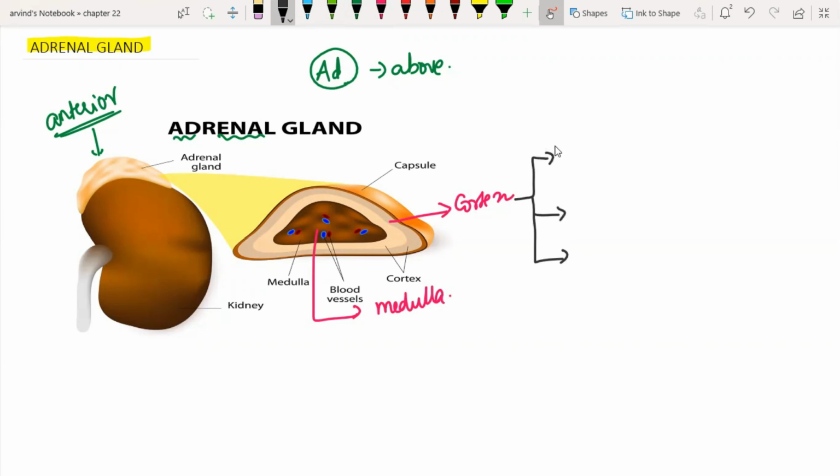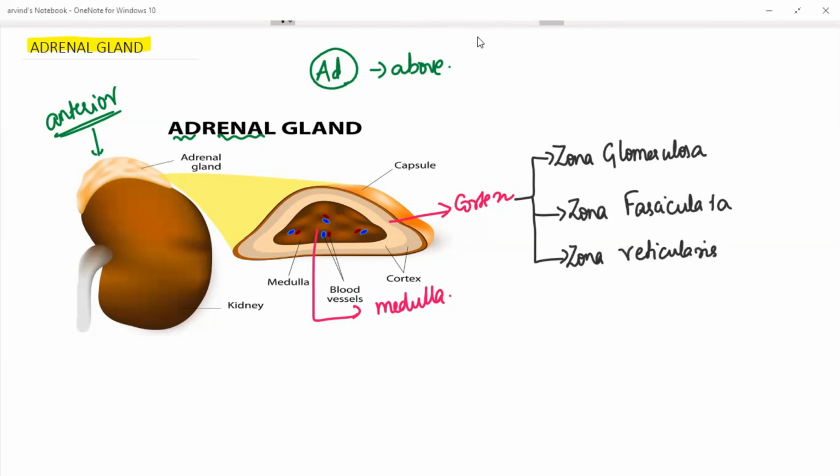The first zone is called zona glomerulosa. The middle layer is called zona fasciculata. And the inner layer is called zona reticularis.